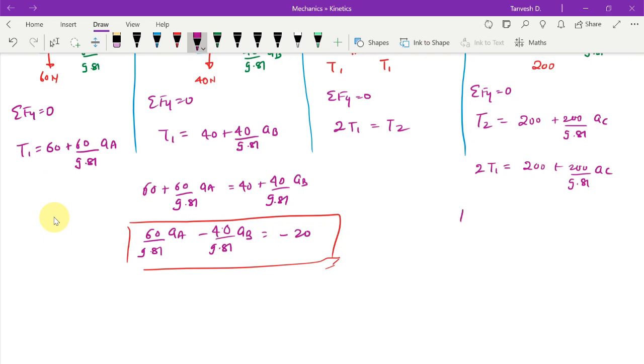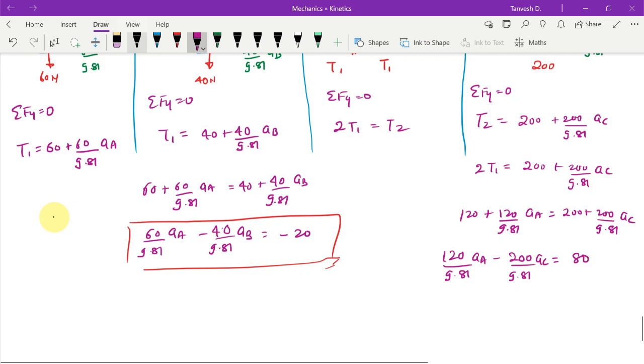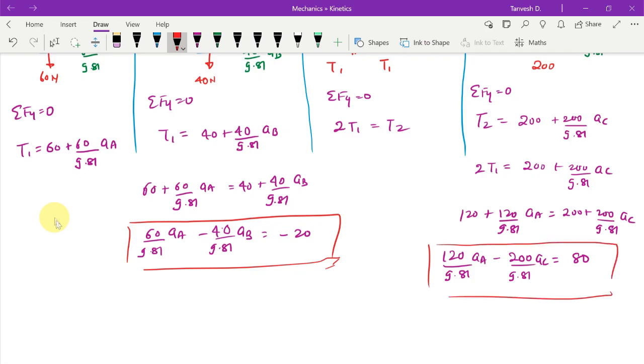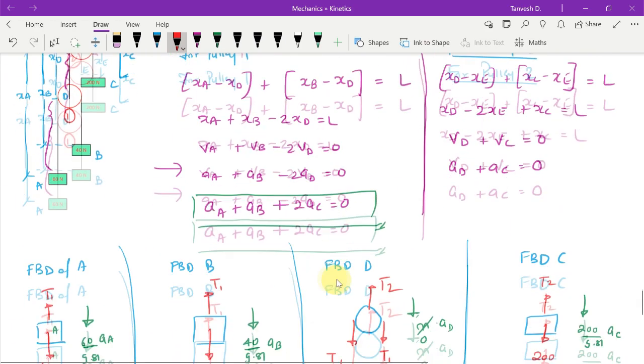What it will give me is 120 plus 120 upon 9.81 times AA equals 200 plus 200 upon 9.81 times AC. So we have an equation here: 120 upon 9.81 times AA minus 200 upon 9.81 times AC equals 200 minus 120, which is equal to 80. Right, so this is the third equation that we got, and AB is not there in this. So there are 3 equations and 3 unknowns.